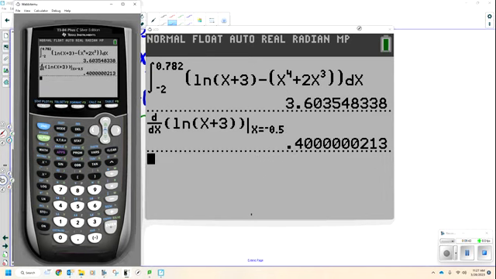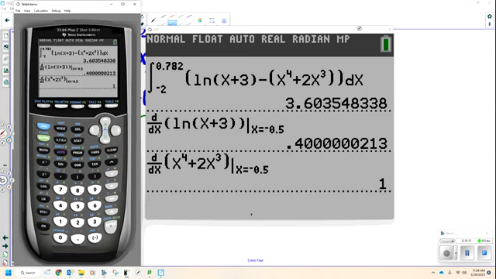And now I want to do the same thing, Math 8. I'm going to take the derivative of x to the fourth plus 2x cubed. Now, these are very simple functions to take the derivative of, but when we get the calculator, just use the calculator. And I want that derivative at negative 0.5 as well. And there you go. So what I'm going to do is I'm just going to subtract those.